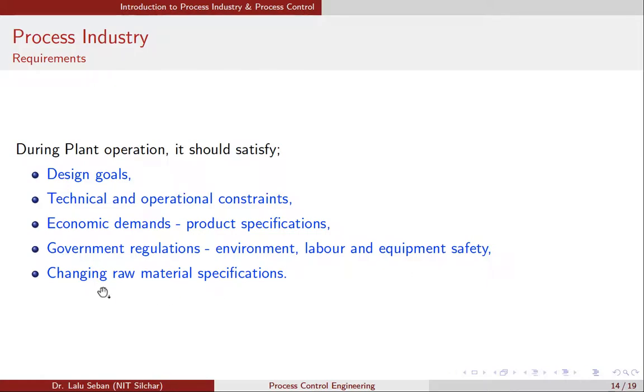As I have mentioned, the raw materials will be sourced from different places. Say, for example, if we are using a mine, the composition of the output from the mine will change as the mine goes deeper and deeper. So the raw material specifications are changing. So these are some of the requirements that a plant should satisfy during its operation.